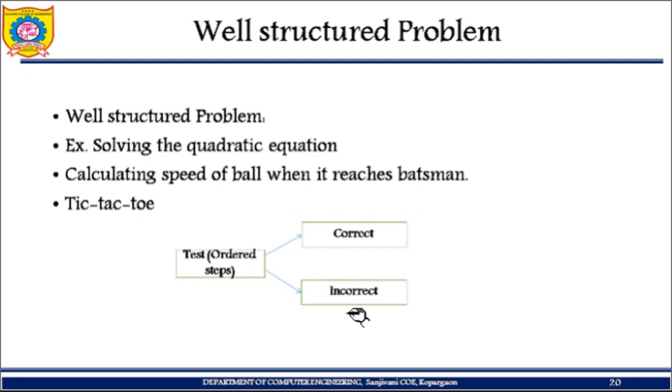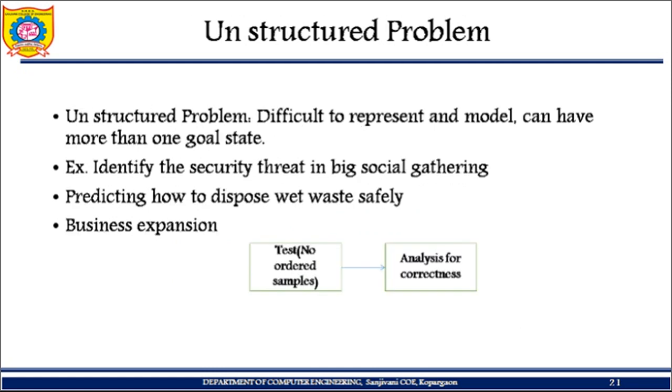There are well-defined steps to measure the accuracy also, and to solve the problem also you have well-defined steps. This was a well-structured problem. In case of unstructured problems, we do not yield a particular answer. We can have more than one answer. So it is analysis for correctness. There is no well-defined criteria to evaluate the correctness of the output, no ordered steps, and the exact goal state is not known.